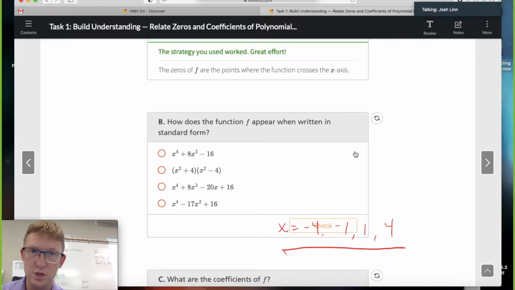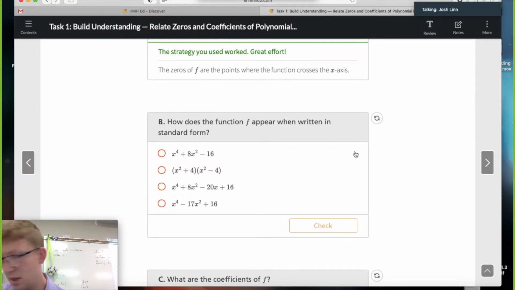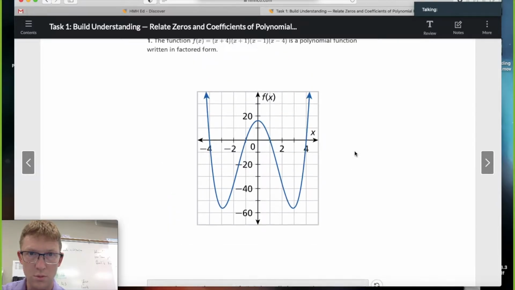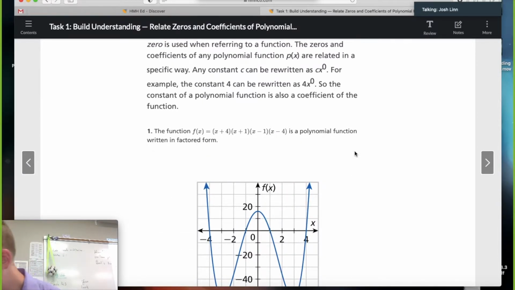And then, how does the function f appear when written in standard form? That is just going to be when we multiply this all out. If I take these right here, that's going to end up being a difference of squares.